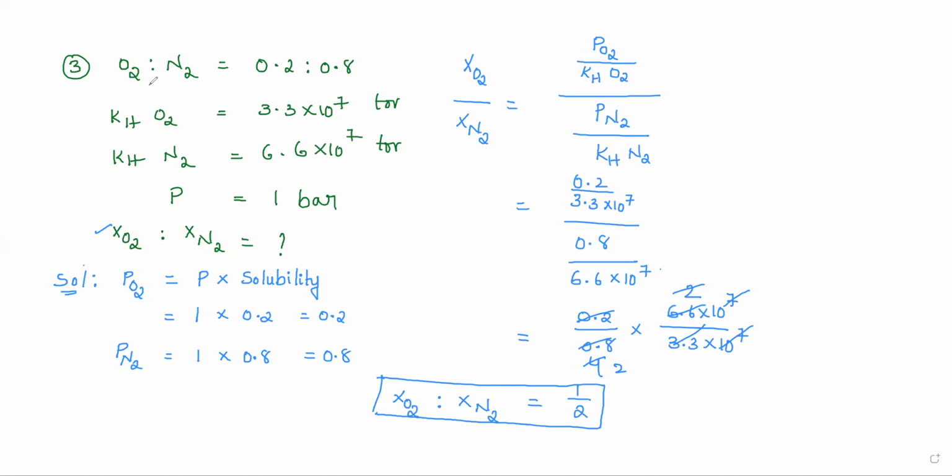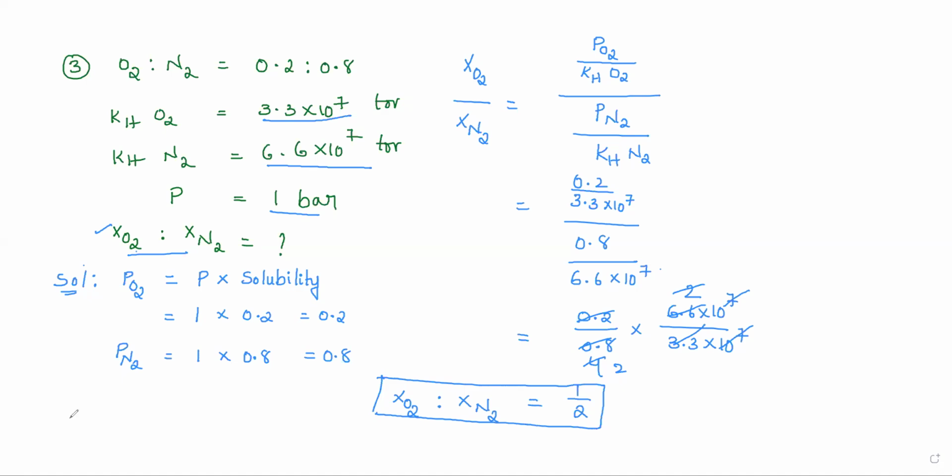Just remember, the Henry's law constants for oxygen is 3.3 into 10 power 7 torr, and for nitrogen is 6.6 into 10 power 7 torr. And the pressure was also given, that is 1 bar. So you need to find out the ratio between mole fractions of oxygen and nitrogen.